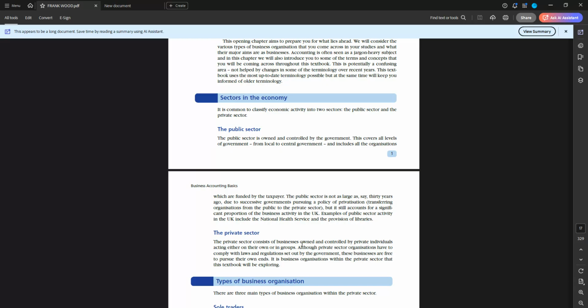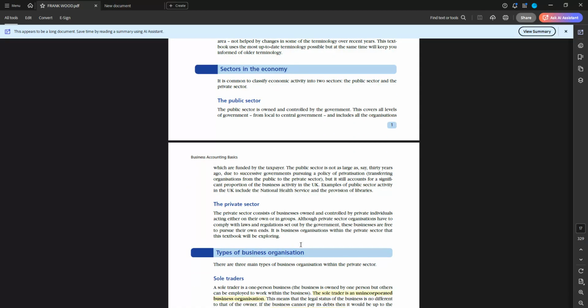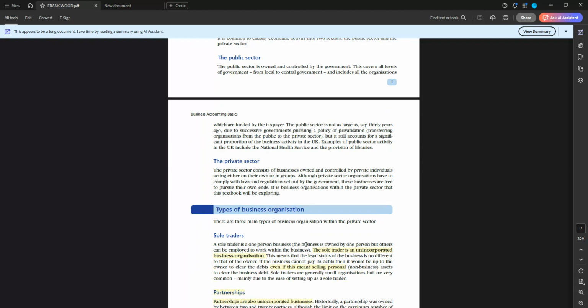This covers all levels of government, like local and central government, and it includes all the organizations which are funded by the taxpayer. The public sector is not as large as, say, 30 years ago, due to successive governments pursuing a policy of privatization, transferring organizations from the public to the private sector. So you get a little mixture.